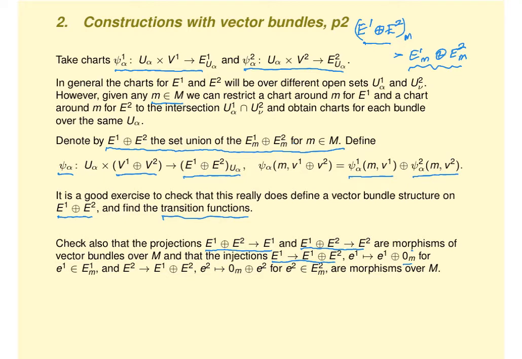Perhaps I ought to put a little 2 on that and a little 1 on that, so that these are also vector bundle morphisms over M. So that's actually all the standard properties of a direct sum, and as I say, it's straightforward.